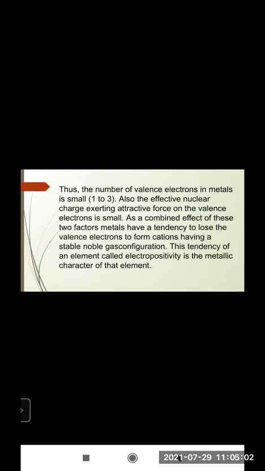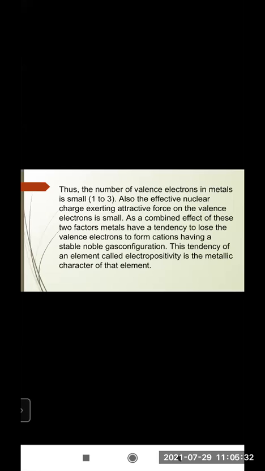So remember that, metals are electropositive. Further, we are going to see the non-metallic character, that non-metals are electronegative. So from these two paragraphs, we have understood how metals are electropositive. That is why electropositivity is the metallic character of that element.